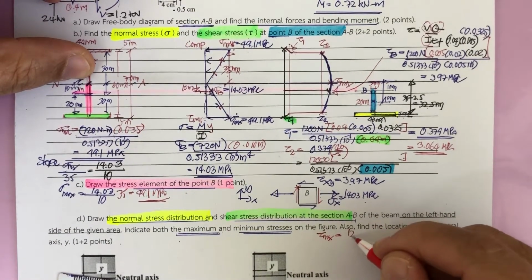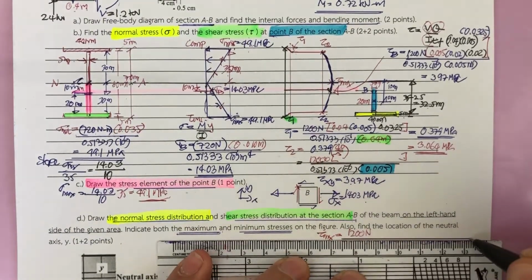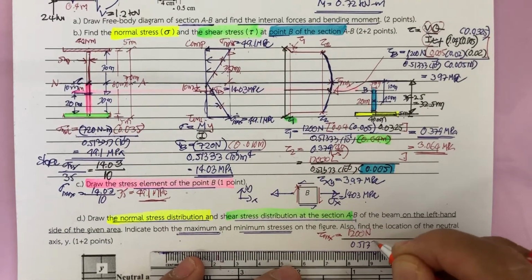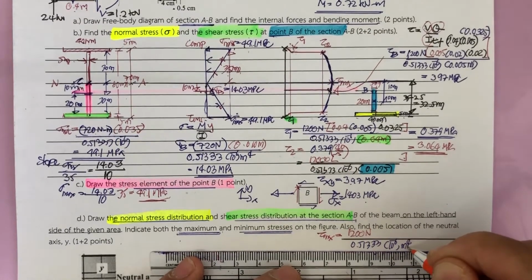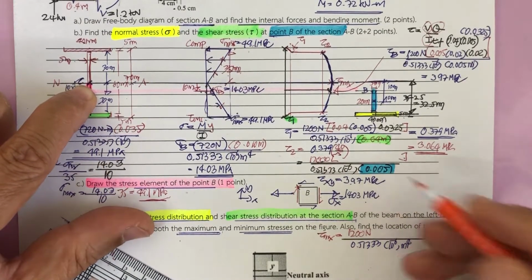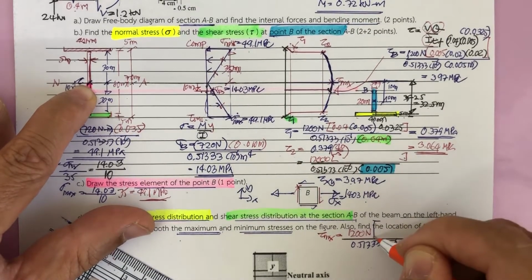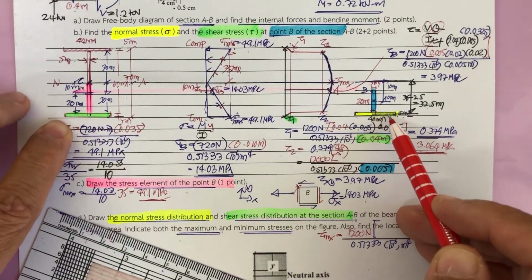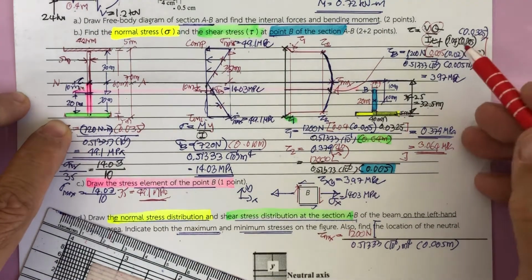V the same, 1200 Newton, divided by the same thing, the I is 0.51333 times 10 to the minus 6 meter to the power 4. And here the width is only 0.005, so 0.005 meter. So the Q here, the Q for the green and the Q for the yellow is the same thing. Okay, you just put the same one over here.